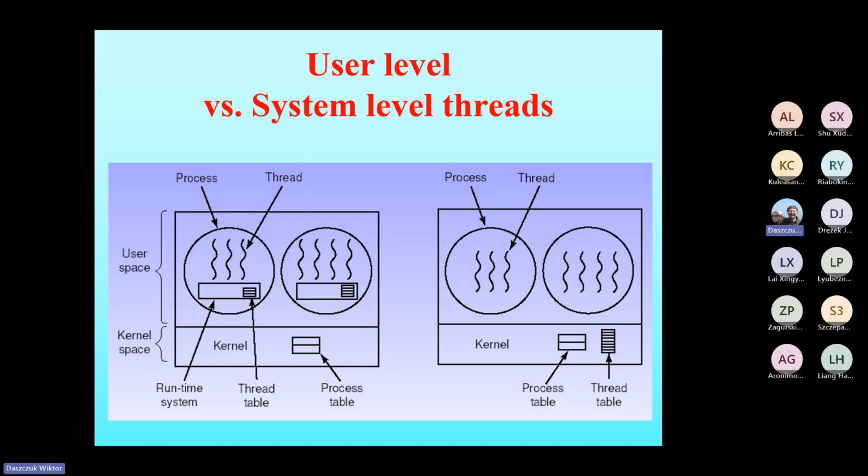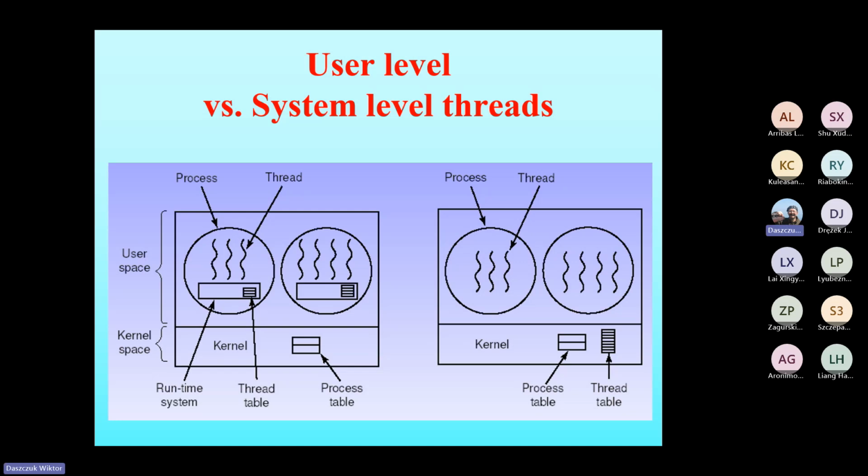Here we have two processes, and here we have two processes. Here we have 3 threads in the process and 4 in this one, and the same here. However, we see something distinguished from the program that is called the runtime system. A runtime system in an operating system is a well-defined entity, so for me it's not a good name.